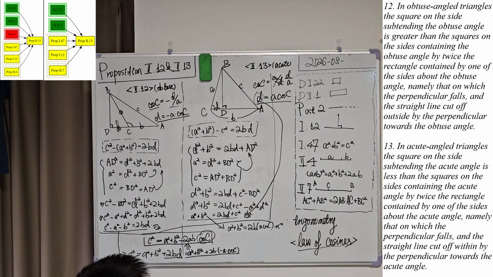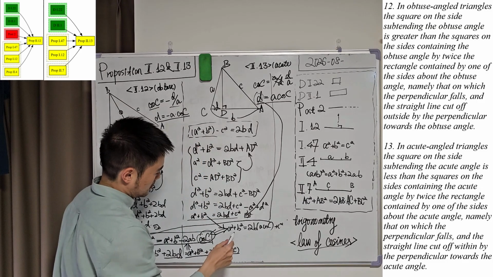So if we do some algebraic manipulation, we will conclude that C squared is equal to A squared plus B squared minus 2AB cosine C. Okay, so they are absolutely equivalent to each other.